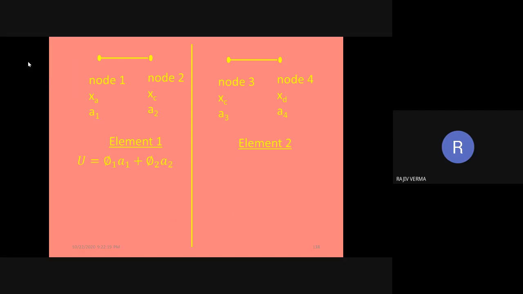So for the first element, U is equal to A1 φ1 plus A2 φ2, where φ1 and φ2 obviously are linear expressions in X. Similarly, for element number 2, the unknown parameter is represented by U is equal to A3 φ3 plus A4 φ4, where the expressions for φ3 and φ4 obviously happen to be linear expressions in X.